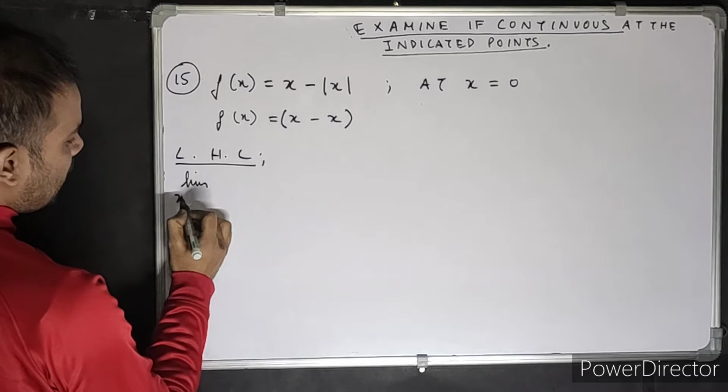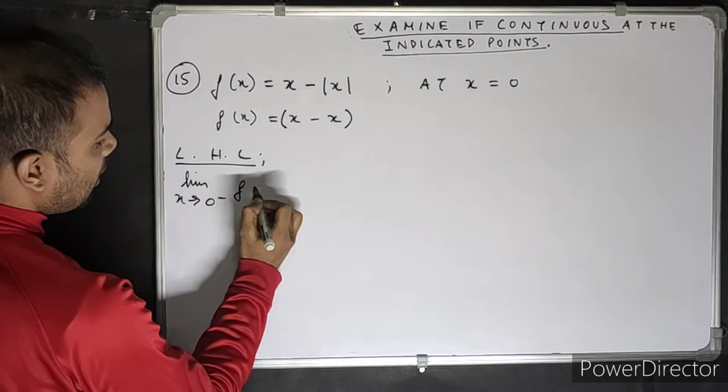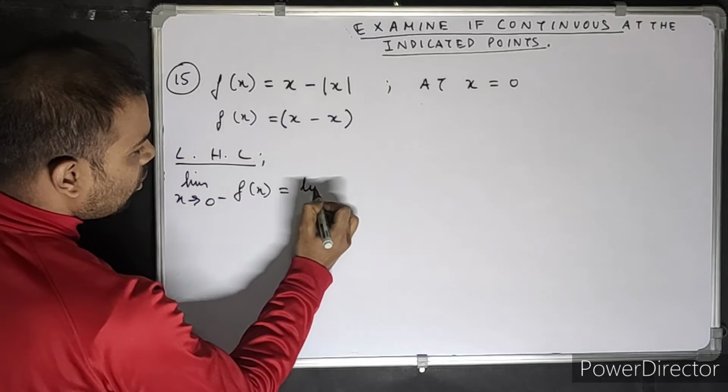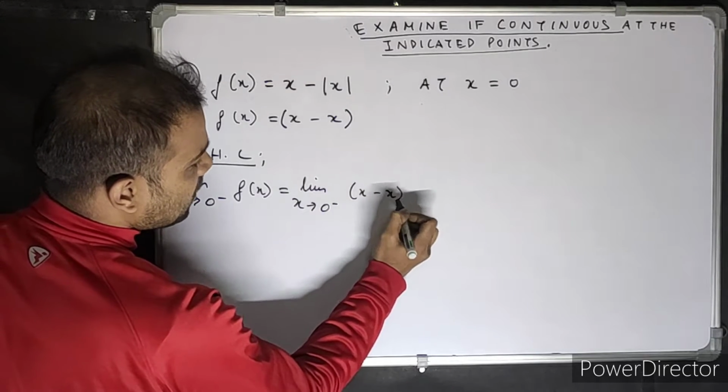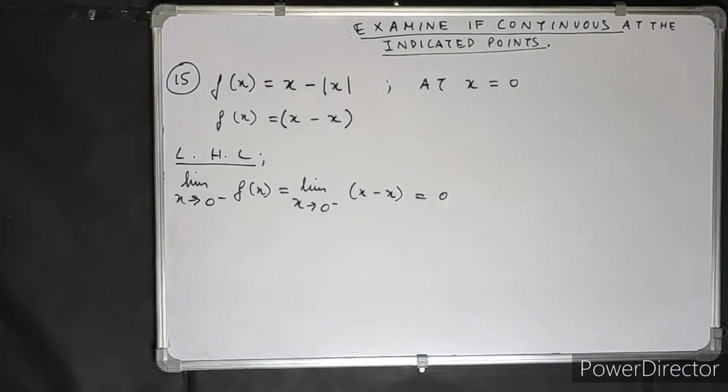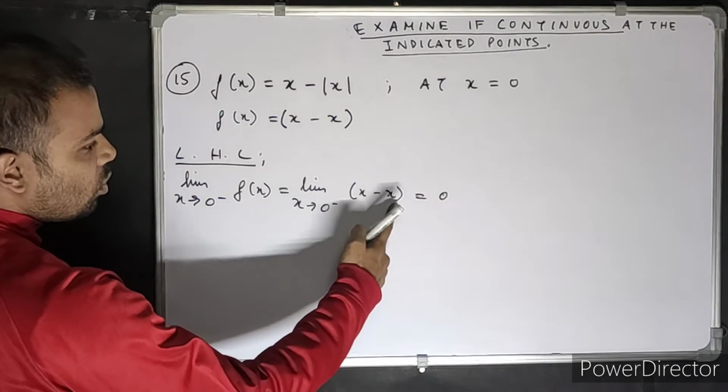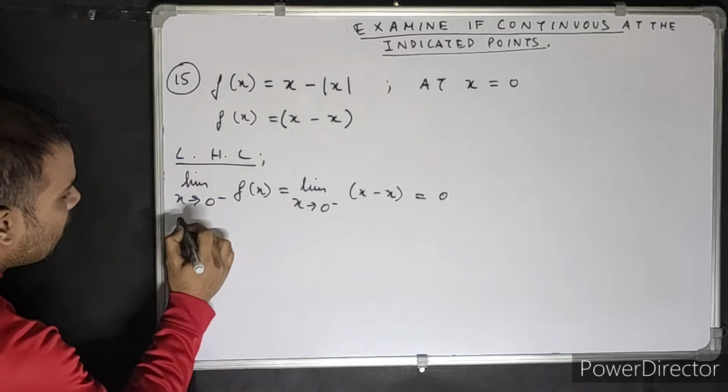So limit of x tends to 0 negative, f of x is equal to limit of x tends to 0 negative, x minus x, that is 0. Put 0 minus 0, it is 0 only.